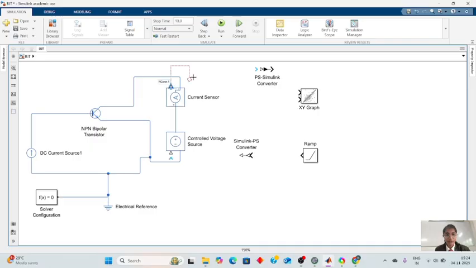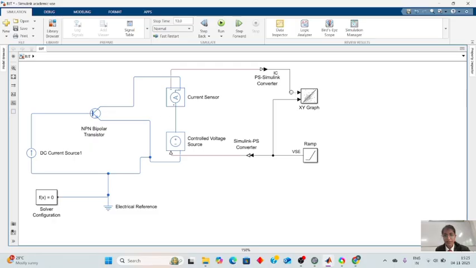So now the PS Simulink converter, and then the controlled voltage source to the Simulink PS converter. Both the terminals are attached to the XY graph. This is attached to the ramp, and the XY graph to this terminal.